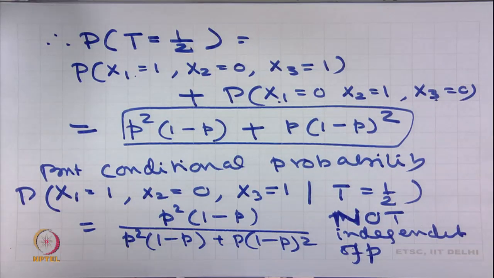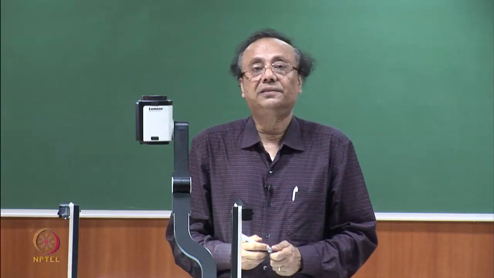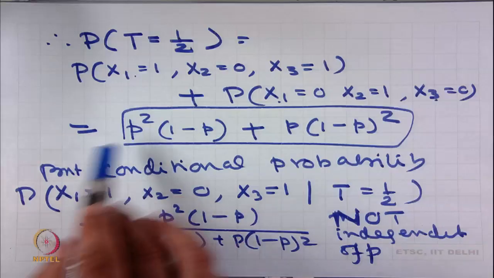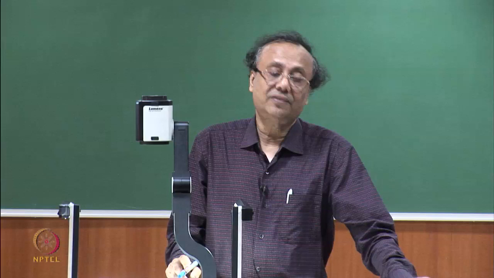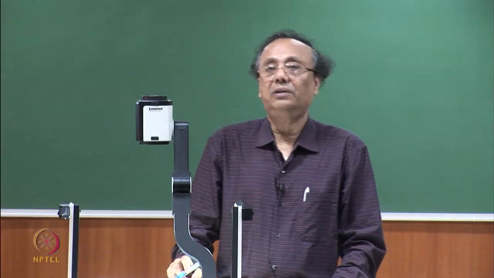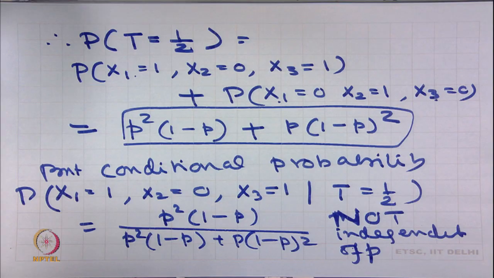Therefore, we see that even if this is an unbiased estimator, X1 plus 3 X2 plus 2 X3 by 6 is not sufficient to estimate the value of p.